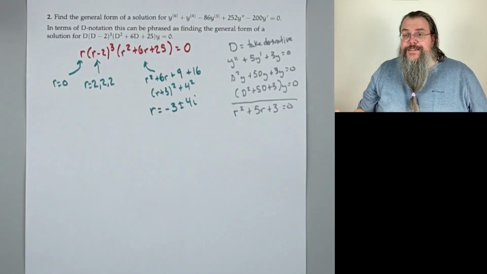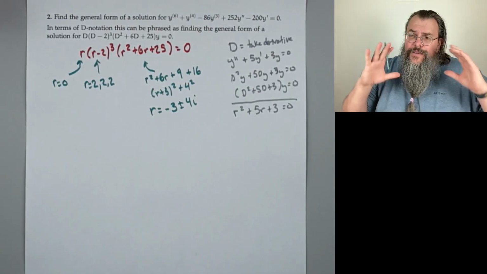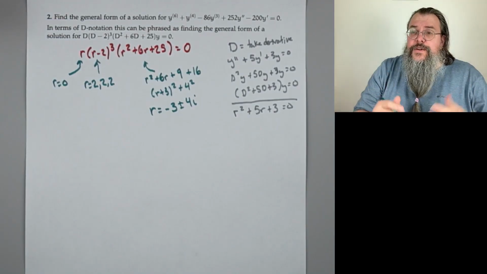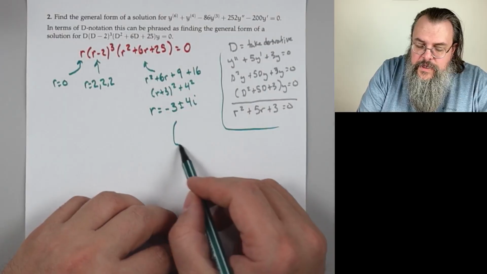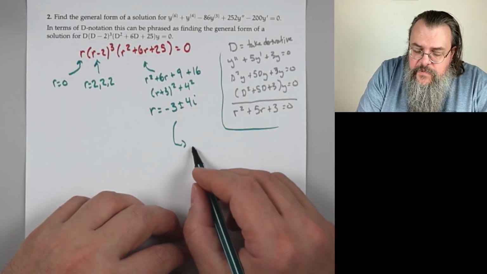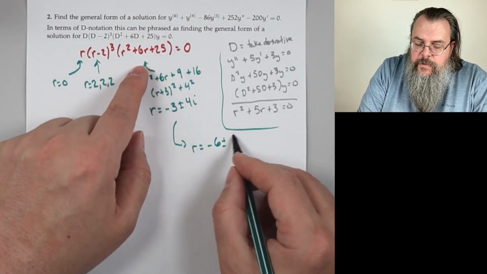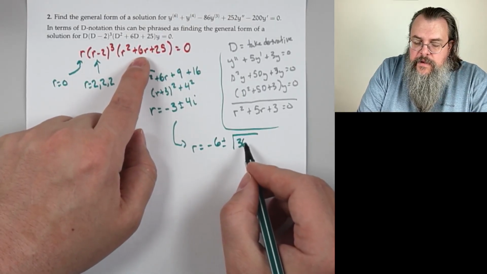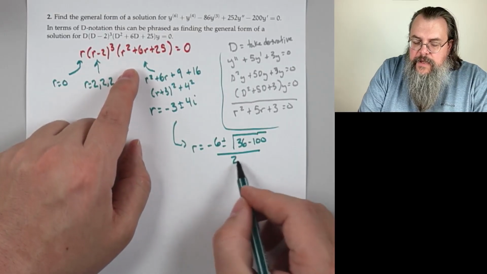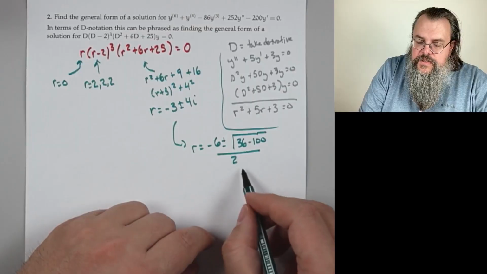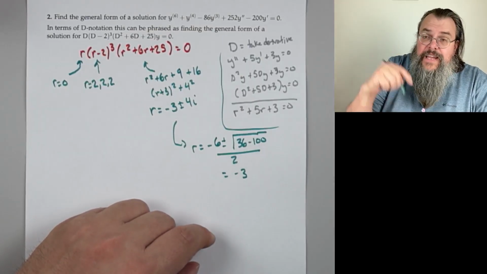If you're not convinced about that, and you don't have to be, as the saying goes, don't take my word for it. We can do other things. Here's an alternative. We could throw it into the quadratic formula, which is perfectly allowed. Negative b plus minus square root of b squared minus 4ac, so that's minus 100, all over 2a. Well, negative 6 over 2 is negative 3. 36 minus 100 is negative 64.